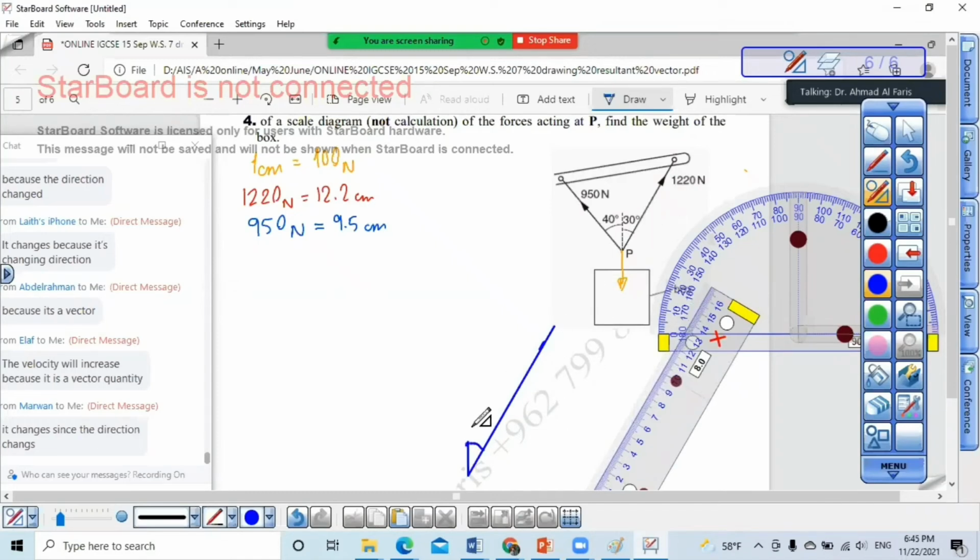Then at this point, this is my angle. How much is the angle? 30 from the vertical line. From this point, I'll draw another force, at 70 degrees to the left of the direction I was drawing. How do I draw this?